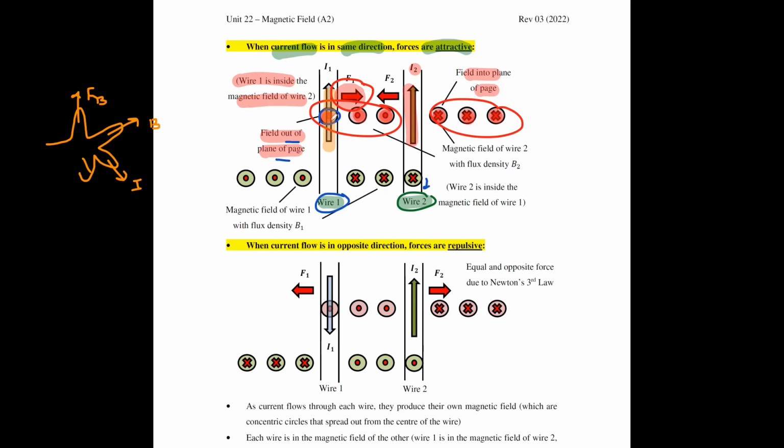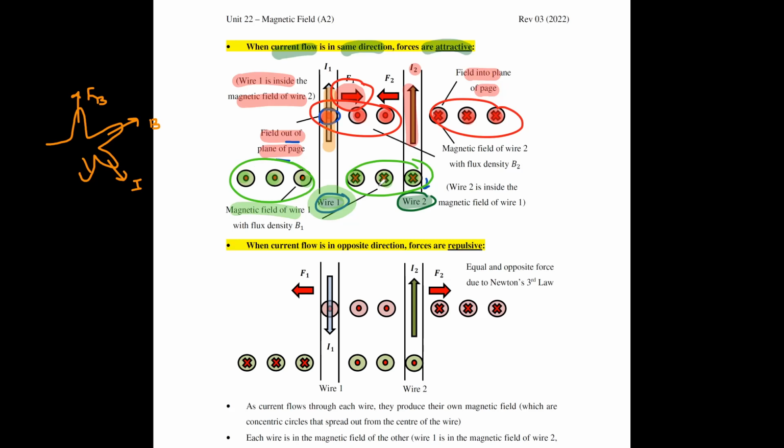It establishes its own magnetic field, represented by this series of circles with crosses and dots. This portion is where the field comes out of the plane of the page, and this one is the field going into the page. This is the magnetic field caused by wire 1.